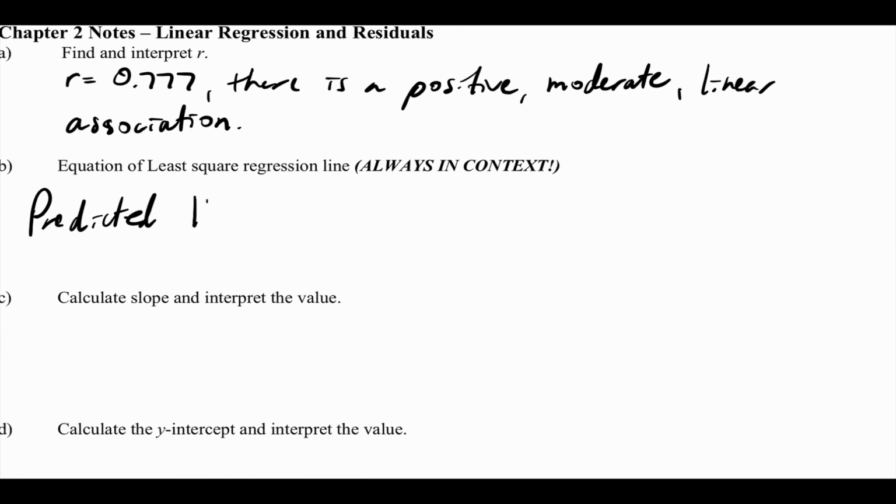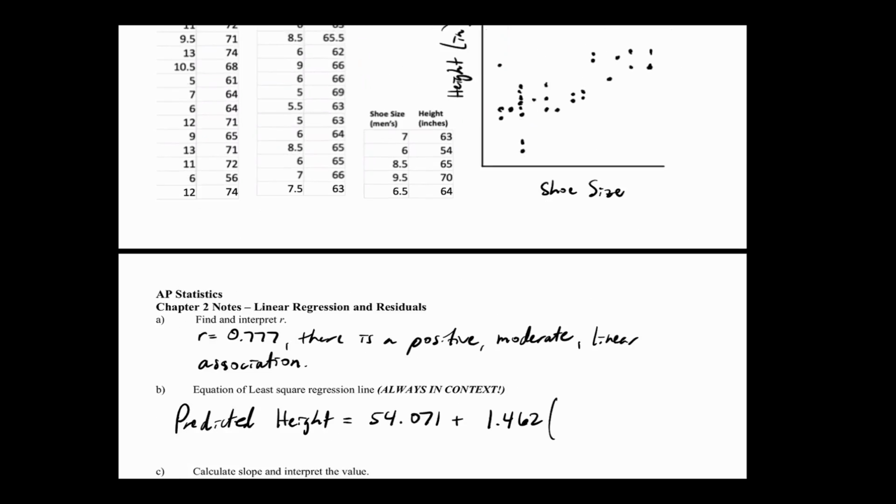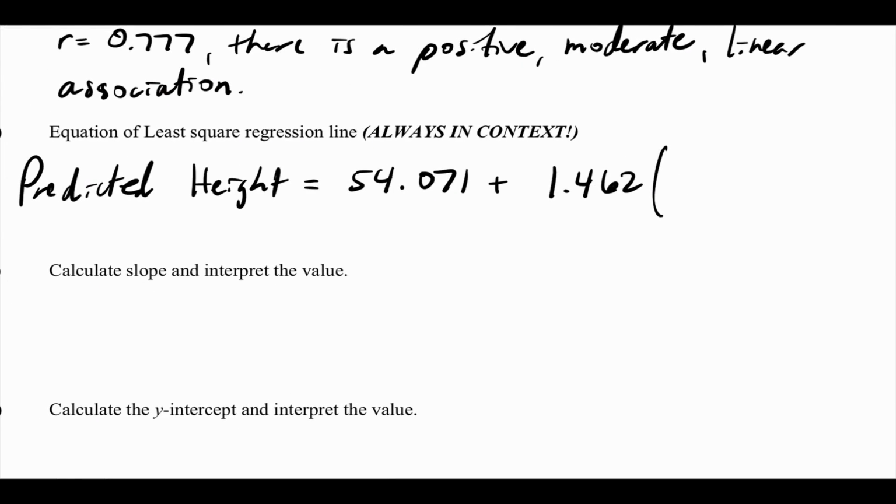So predicted height equals A plus B times X. Well, instead of X, we're going to write the words shoe size. No X, no Y's, no A's, no B's. I have them all filled in. That means in context.